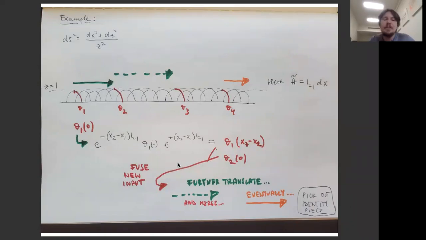And now that I have this new result of fusion, I will carry on and continue evolving with A tilde until I come here, fuse again, and evolve again, until I have passed the last input, and then I can just pick out the identity component, and that is my correlation function.